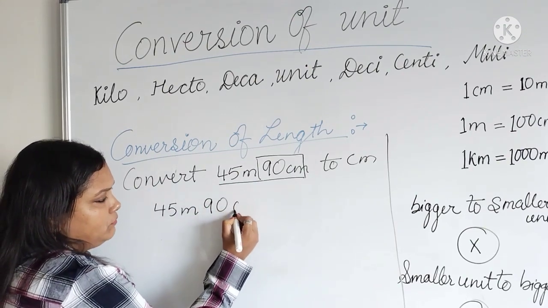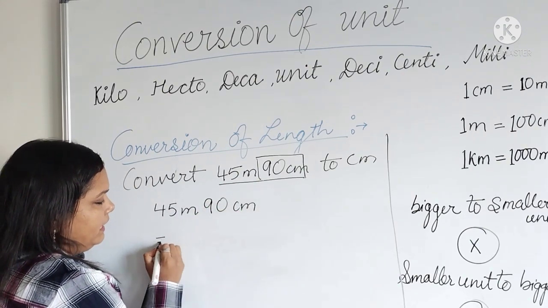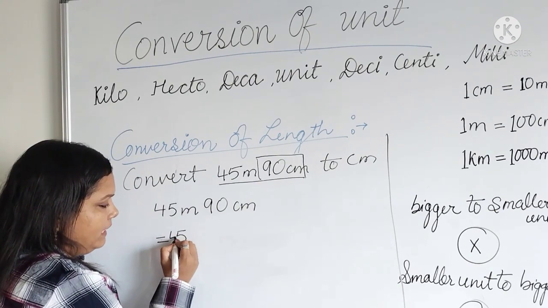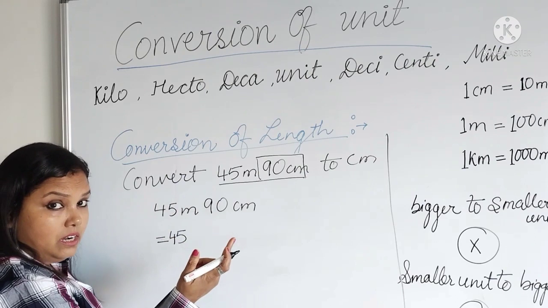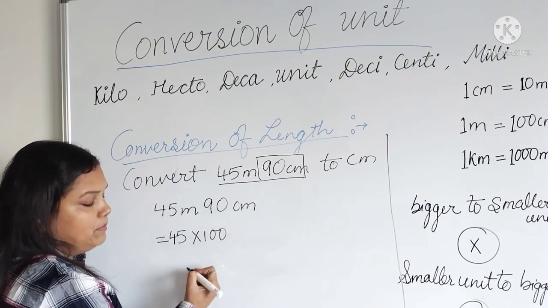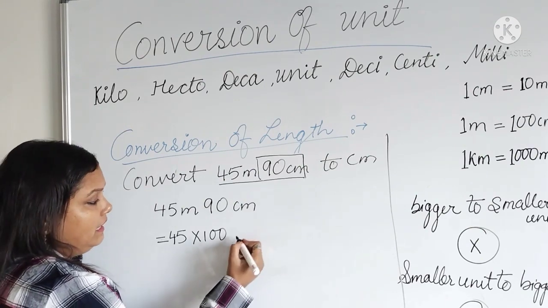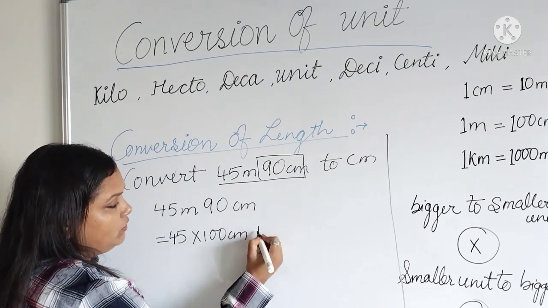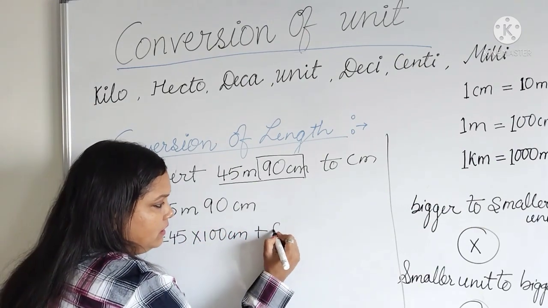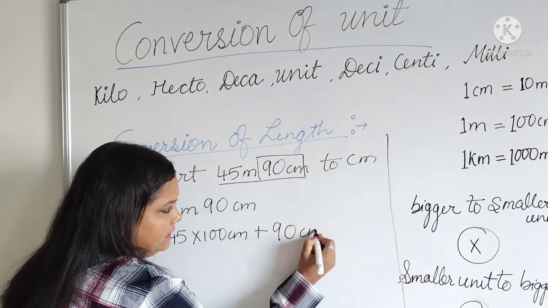So we write 45 meter is equal to, as we know that 1 meter equals 100 centimeter, 45 multiplied by 100 centimeter. Now this 90 centimeter is already in centimeter, so we don't need to convert. We just write it as it is.